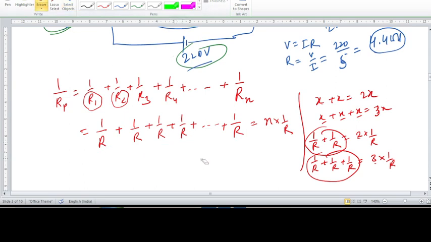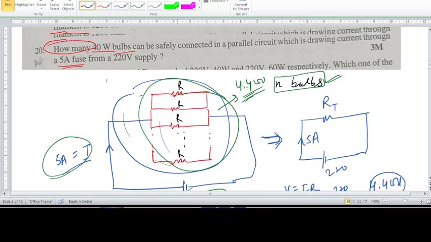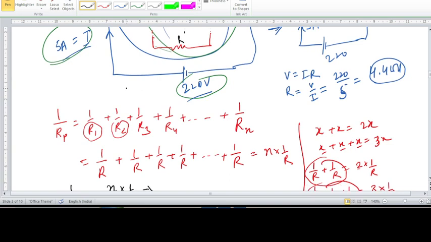Now let me erase it. One thing: 1 by Rp is n into 1 by R. The bulb has a power of 40 watt, so I'll have to calculate the resistance using that 40 watt.